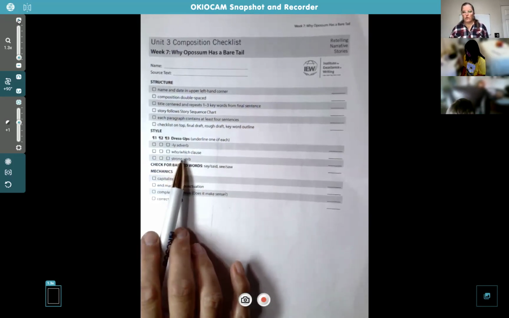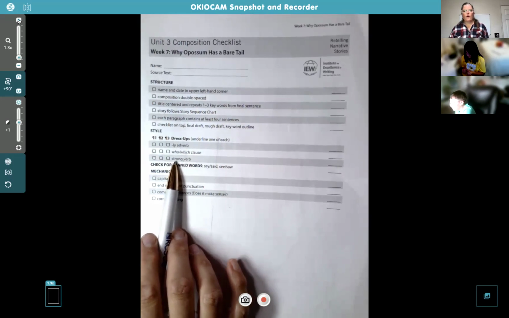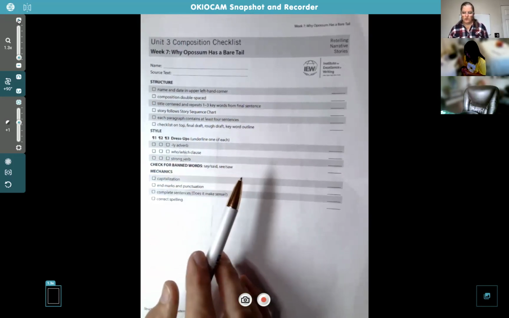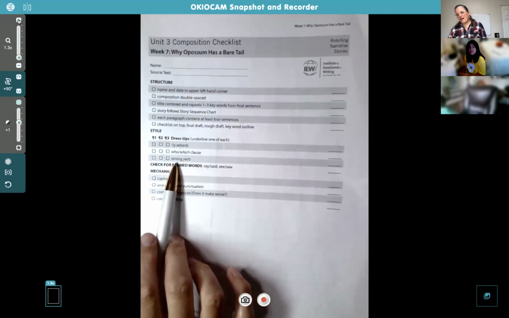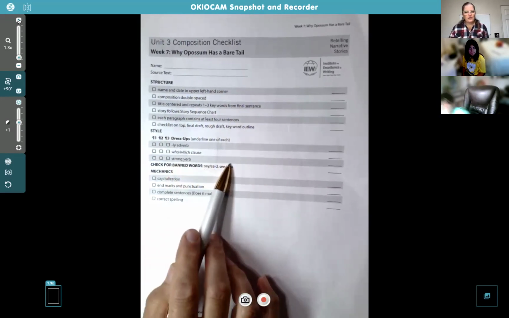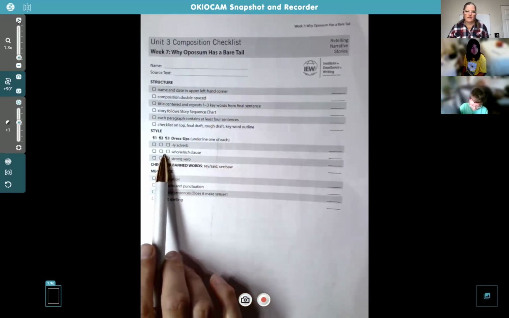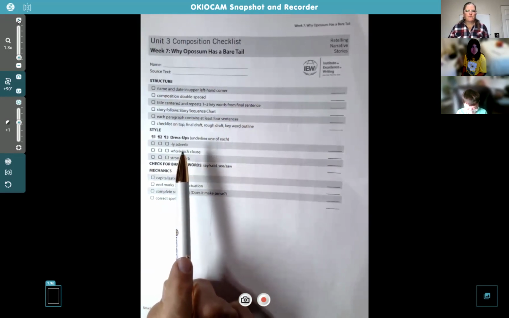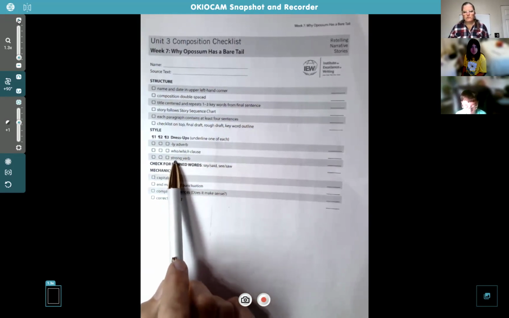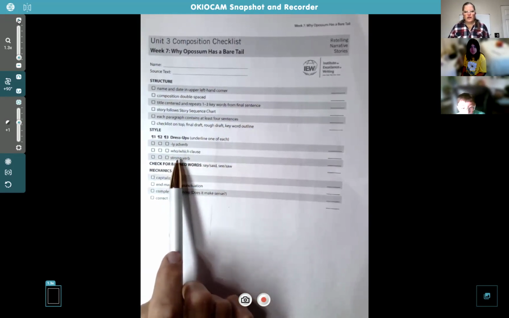Drive or drove would be a strong verb. Or I ran to the store. You picture me running. Or I rode my bike to the store. Rode, you can see, so anything that creates an image of the action, that's a strong verb.